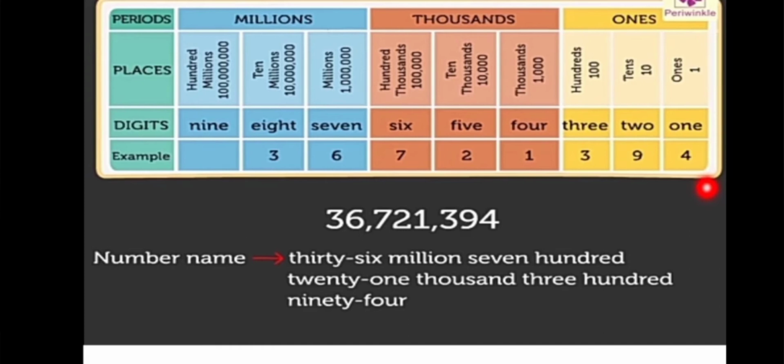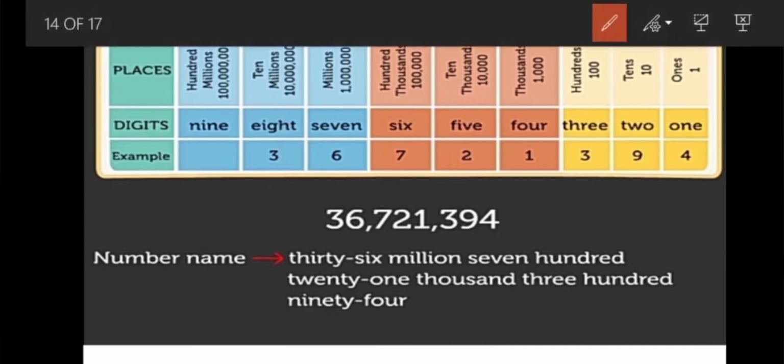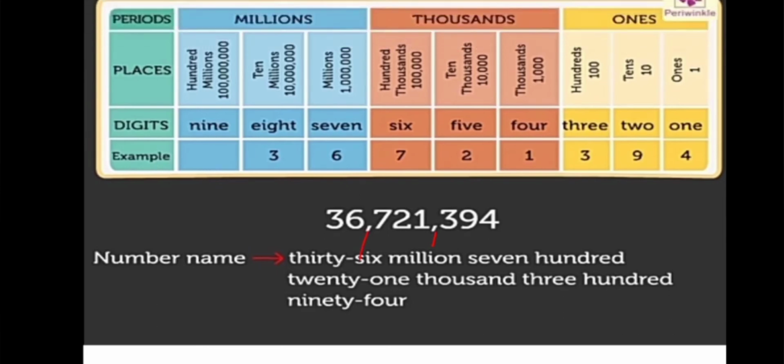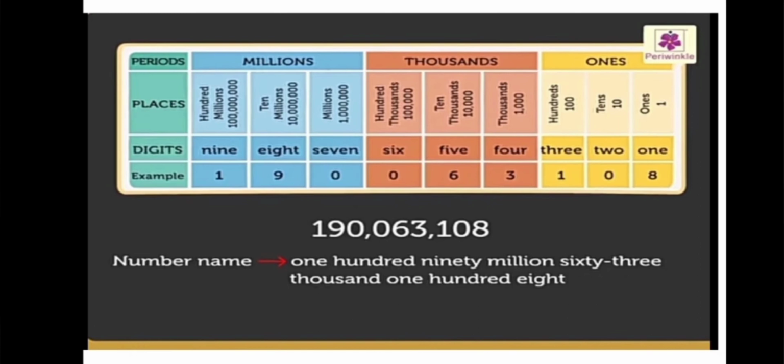Again we will write it with their places: ones, tens, hundreds, thousands, 10,000, 100,000, million, 10 million, and put proper commas. The first comma is put after the unit period, the second comma is put after the thousand period. Okay, now we will read it: 36,721,394.